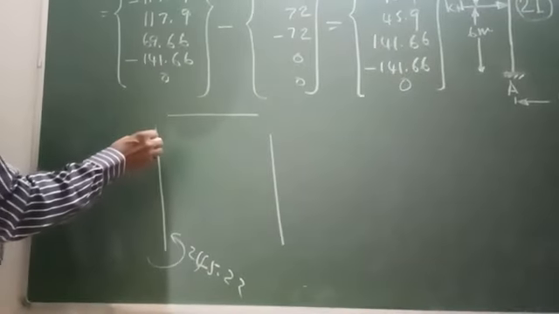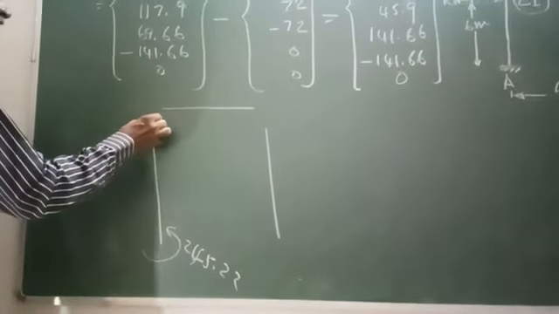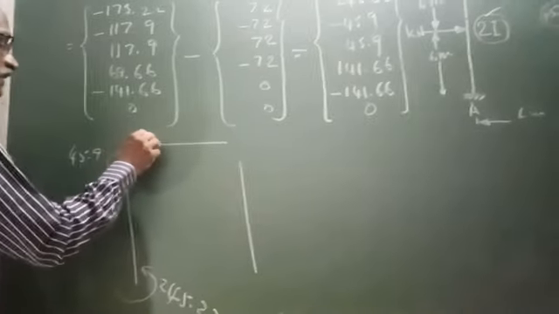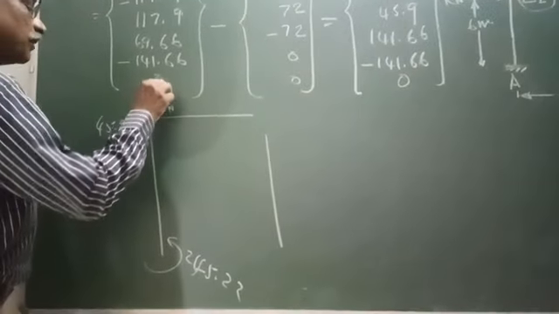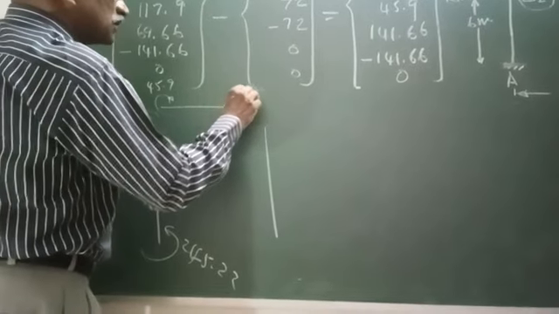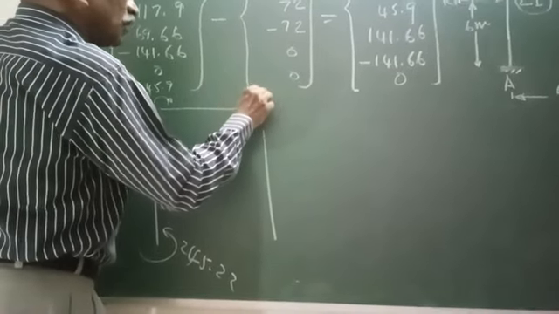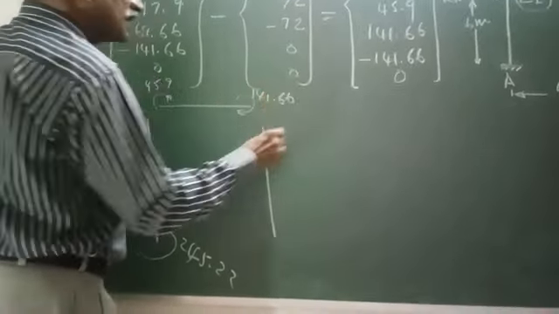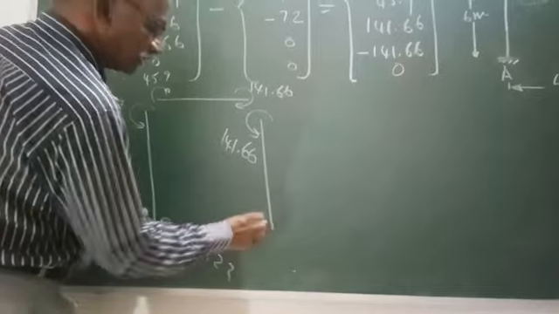This is minus 45.9, minus 45.9. This is plus 45.9. This is plus 141.66. This is minus 141.66, and here it is 0.